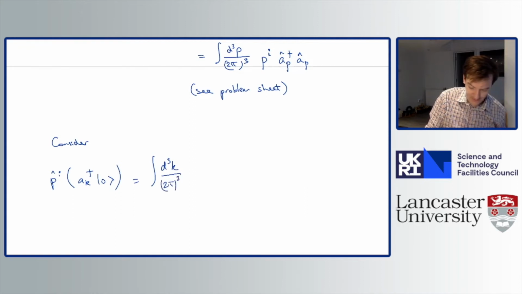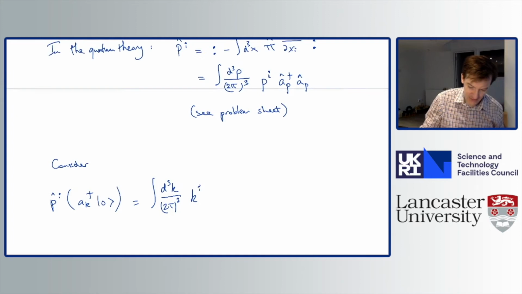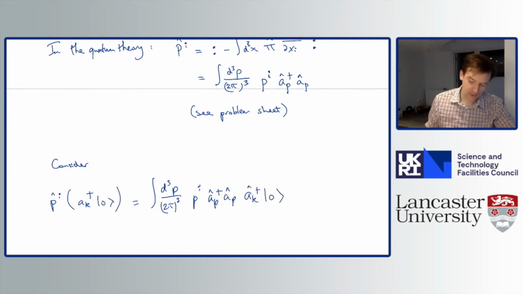Putting in the definition of P first of all, I actually do want to use P vector: the integral of P with A_p dagger A_p, acting on the state A_k dagger on the vacuum. The strategy is similar to our Hamiltonian strategy.